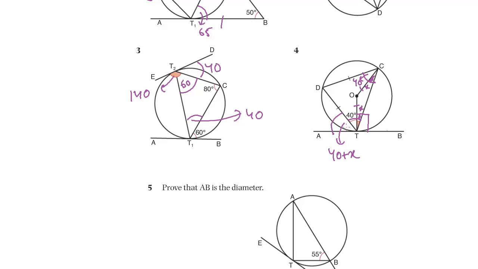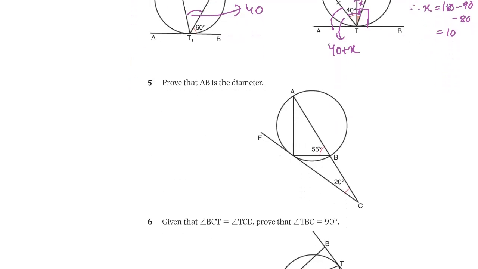Now we can do the straight angle rule. 40 plus x, let me write it out here: 40 plus x plus 40 plus this portion, which is 90, equals 180 degrees. That makes x equal to 180 minus 90, minus 40 plus 40, which is 80, so that is 10 degrees. So this angle should be 10 degrees. Question number 5.